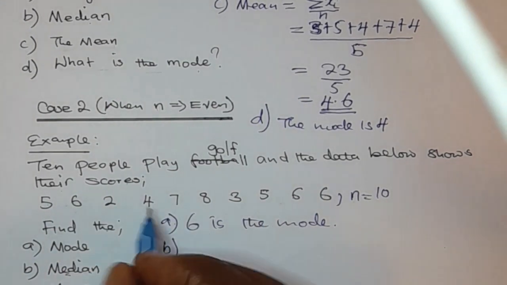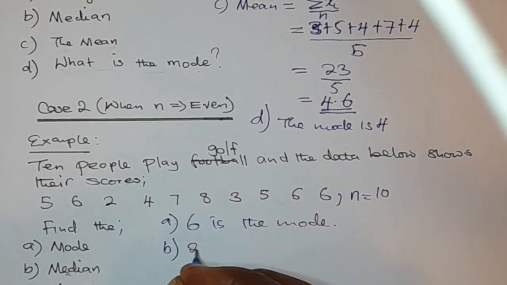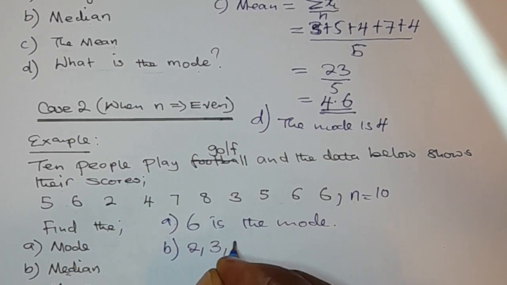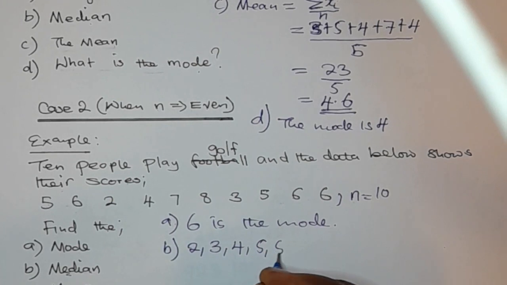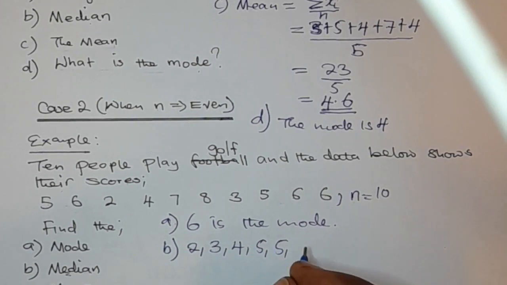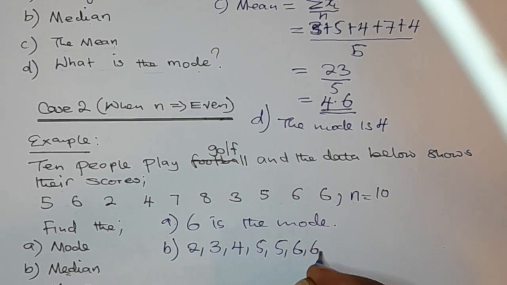So the smallest here is 2. We only have one 2. Then the second one is 3. Then 4. Then we have 2 5s. Then we have 6. We have 3 6s, 1, 2, 3.